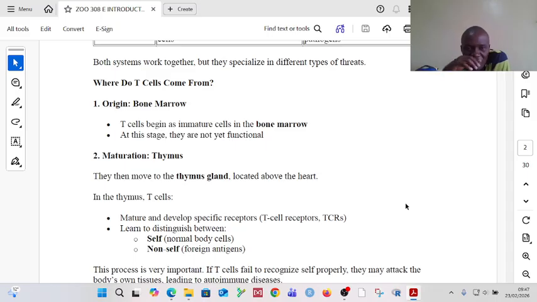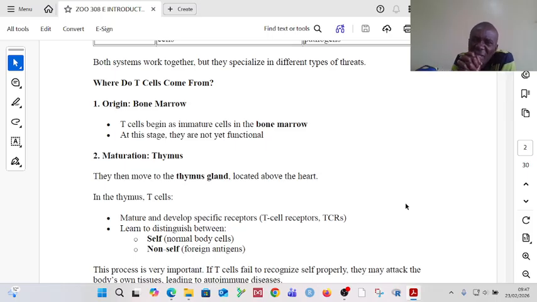And as they mature, they develop some specific receptors. These are receptors which are specific for the T cells, so we call them T cell receptors. So within the thymus gland, the T cells mature. And in the process of maturation, they also develop the T cell receptors.